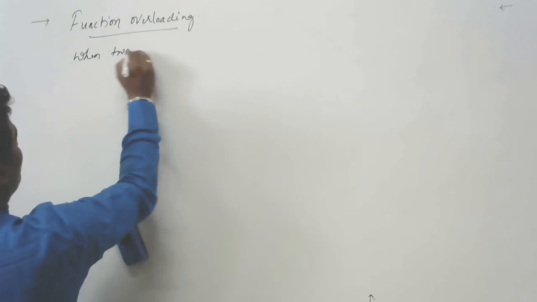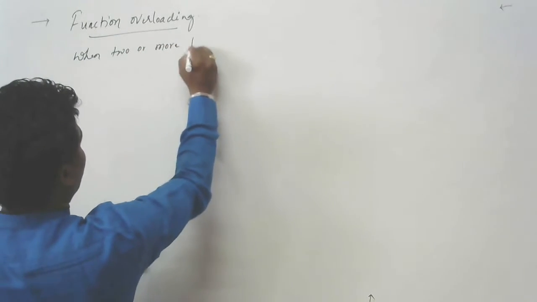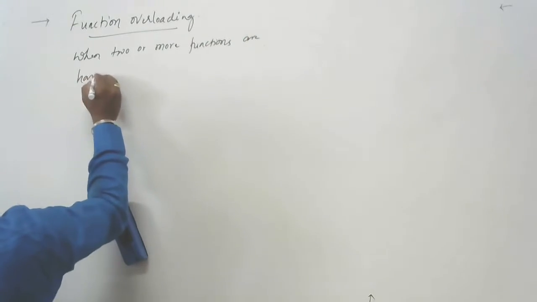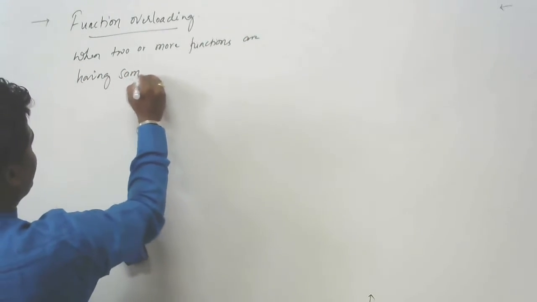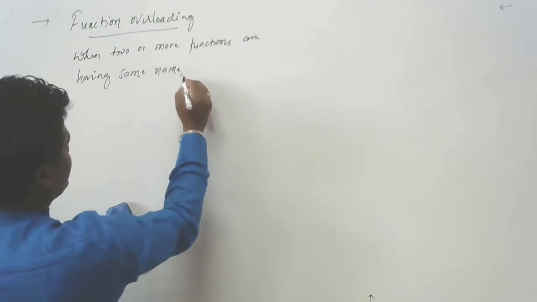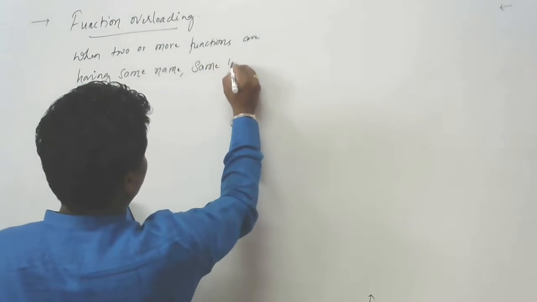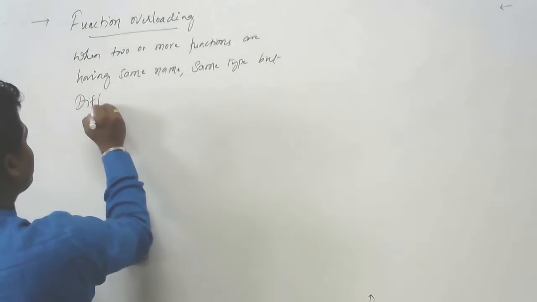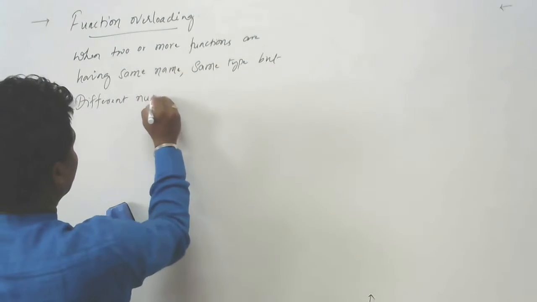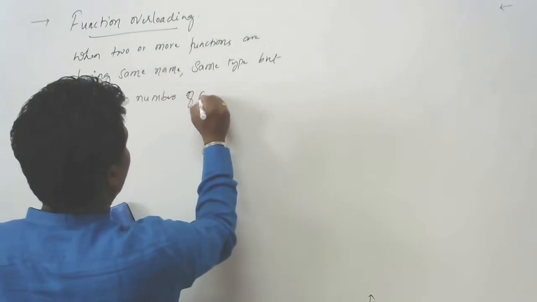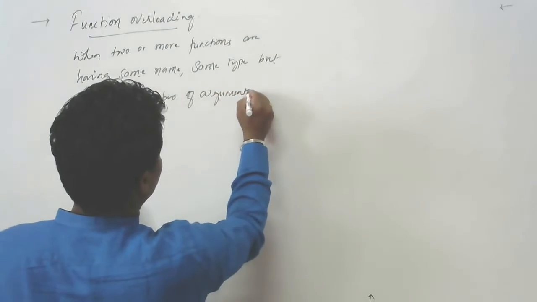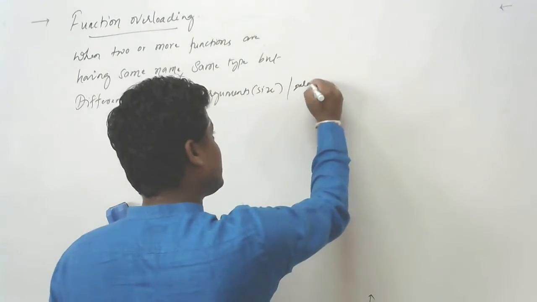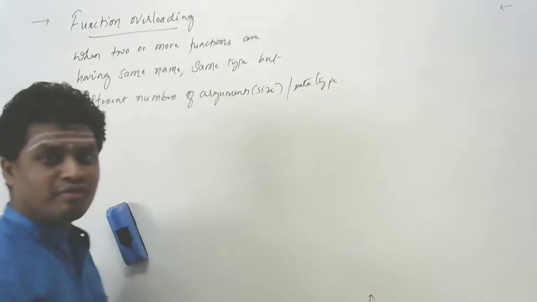When two or more functions have the same name, same type, but a different number of arguments, that means size, arguments or data type, it is called function overloading.